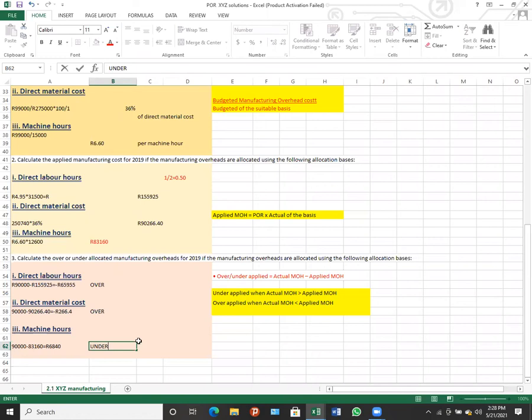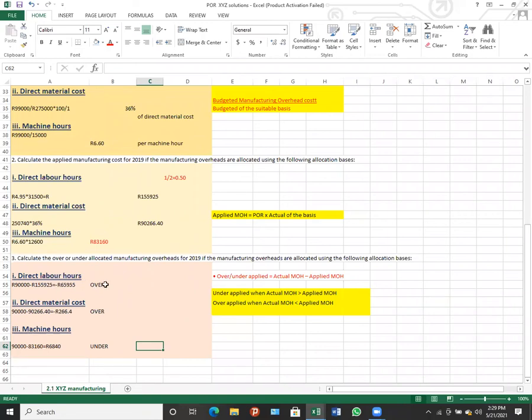Okay, very good, guys. Don't cram. You can see that if my applied is greater than this, it is over. If my applied is less than this, it is under. And if it's minus, your answer is negative, it is over.